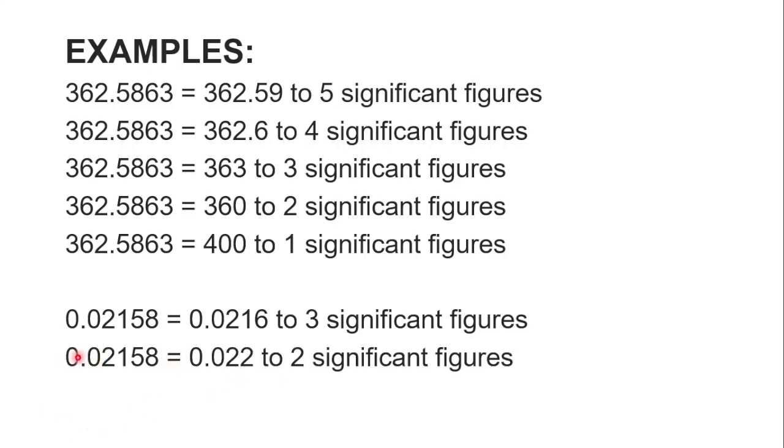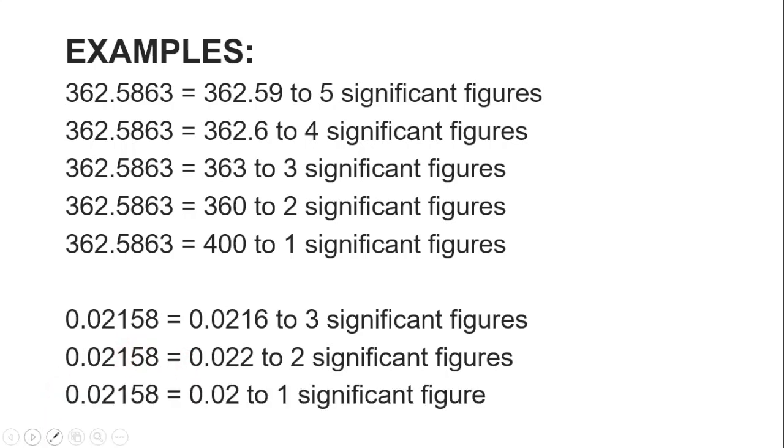Next is 0.022158. How about two significant figures? So not counted, not counted, and I'm gonna do it here. And the next digit is 5, so it's counted as above, so you're gonna add 1 into this, so it becomes 0.022.